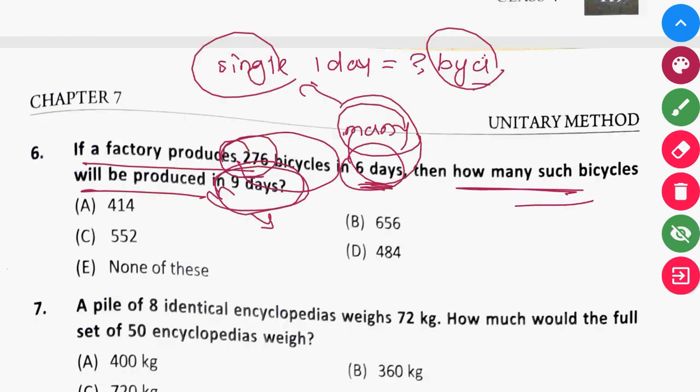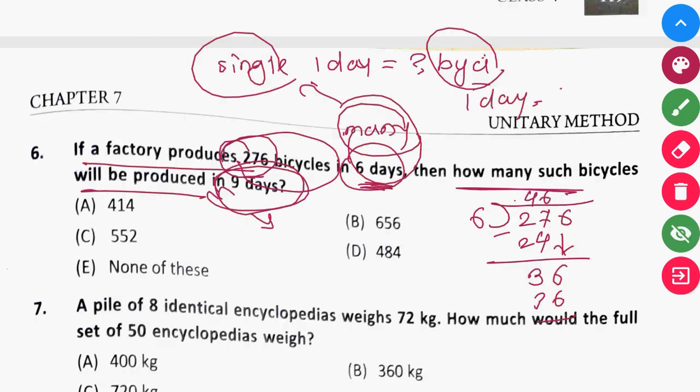So first we'll do division. 276 is divided by 6. 6 4s are 24, 3 will be the remainder, 6 will come down, it becomes 36. 6 6s are 36. So in one day that factory produces 46 bicycles.